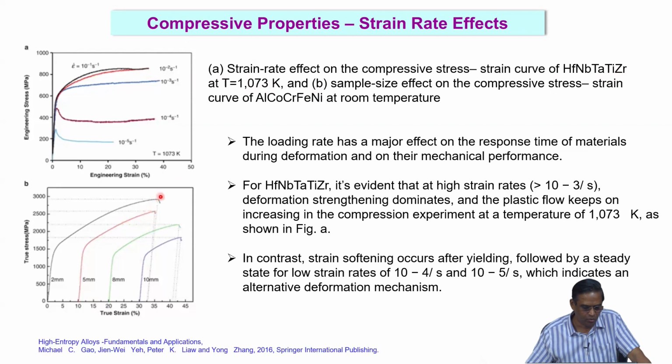And we will also talk later about sample size effect. Suppose I have different sizes in terms of thickness or variation in diameter of the cylinder, if I keep on increasing. This is also very important.